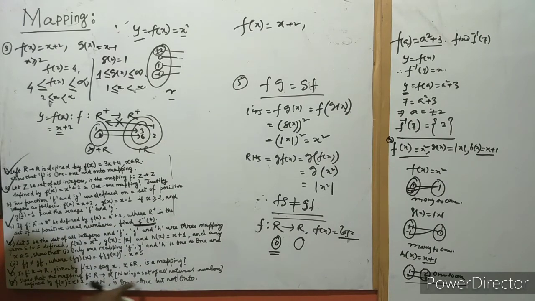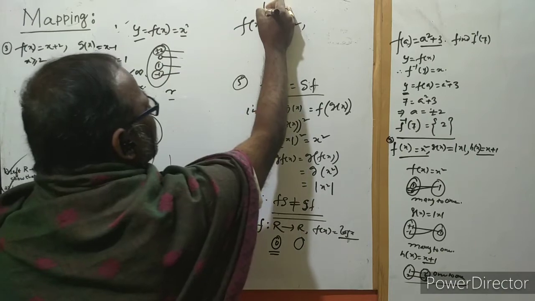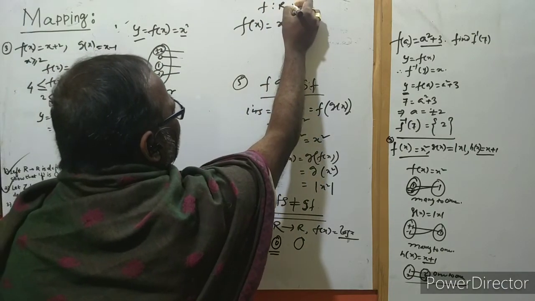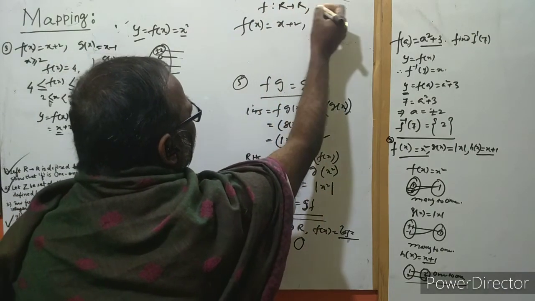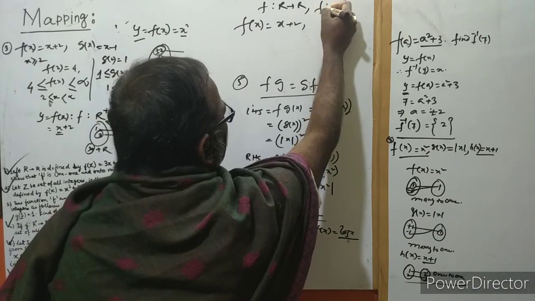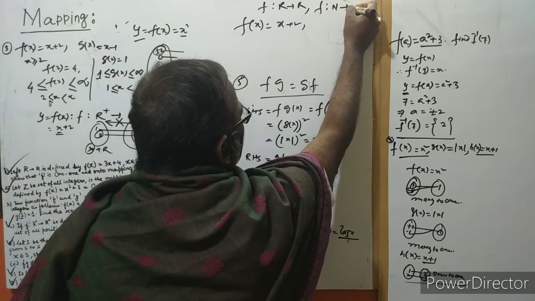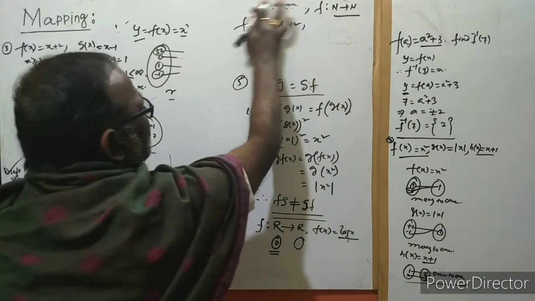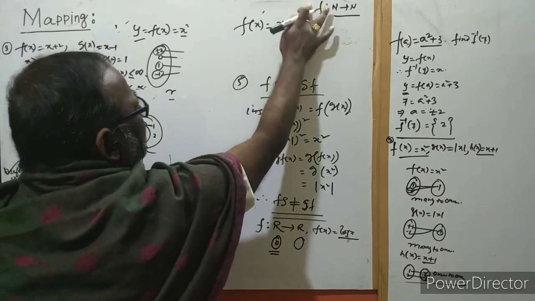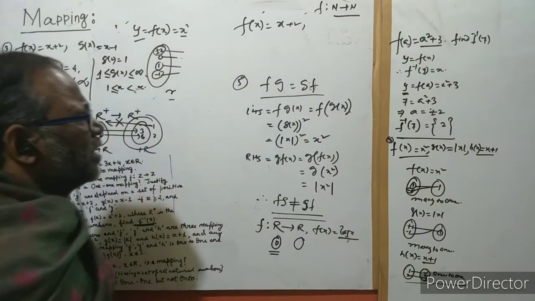Here we want to show one-to-one but not onto. Actually, real number was wrongly written here. It should be natural number to natural number. Okay, see, this is wrongly written. And now see, this is natural number to natural number.